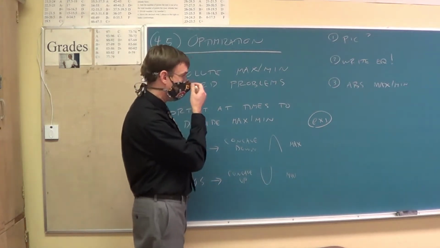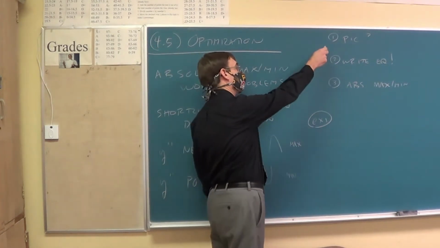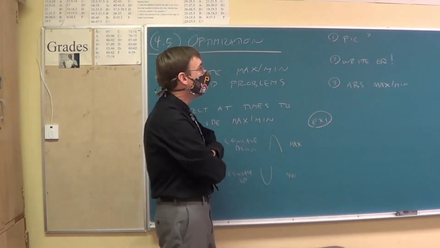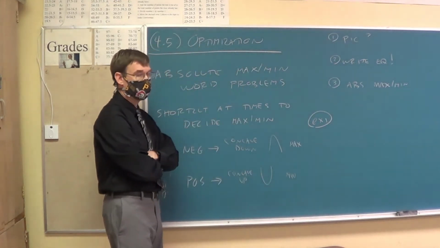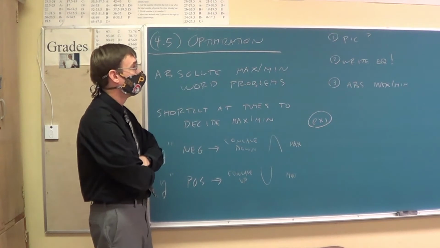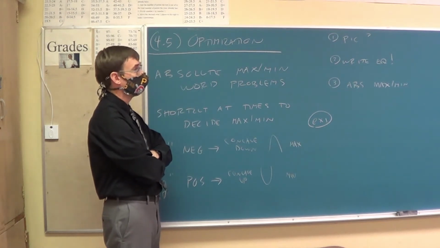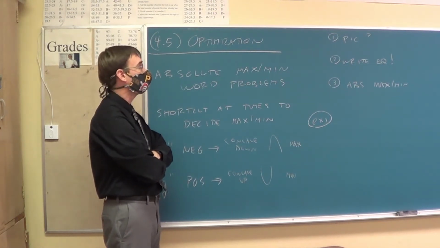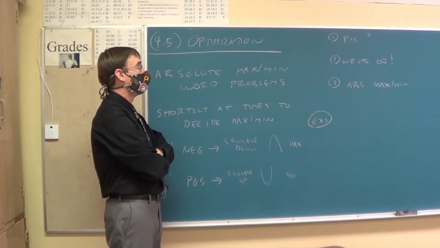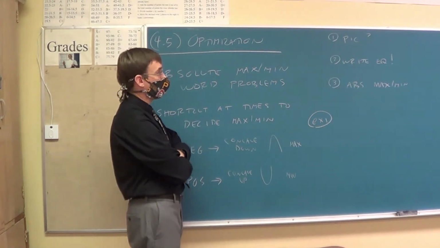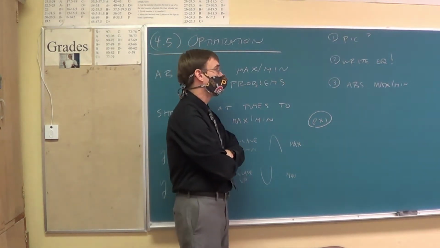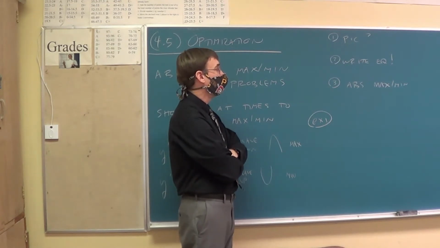Here's my general strategy for these word problems. Step one, maybe make a picture. Sometimes that's helpful, sometimes it's not. Sometimes it's done for you, sometimes it isn't. But picture is a maybe. For sure, you're going to have to write your equation, and that's where I throw an exclamation point down, because that may be hard.